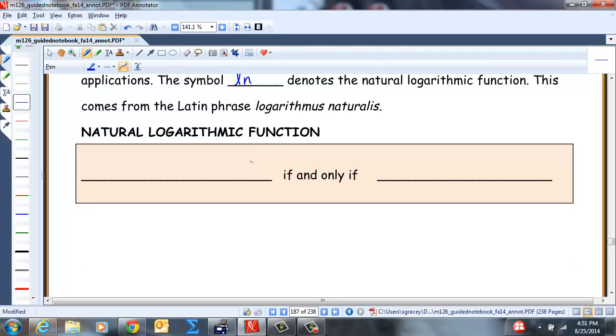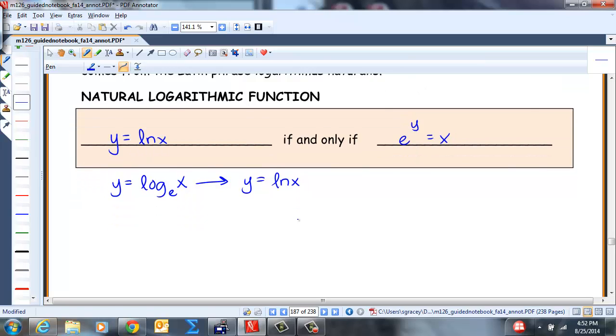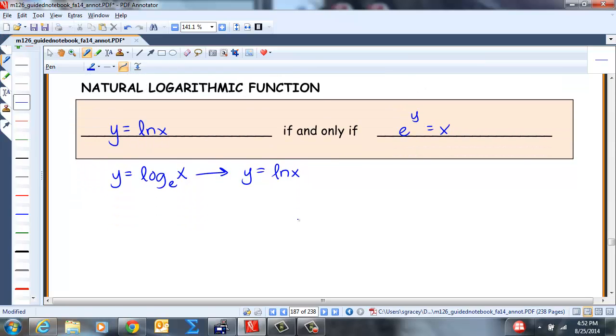So here we go. y is equal to natural log at x if and only if e to the y is equal to x. So basically, instead of writing this as y equals log base e at x, we write it as y equals natural log at x. So you have to remember there's a base of e. So let's take a look at how this one looks.